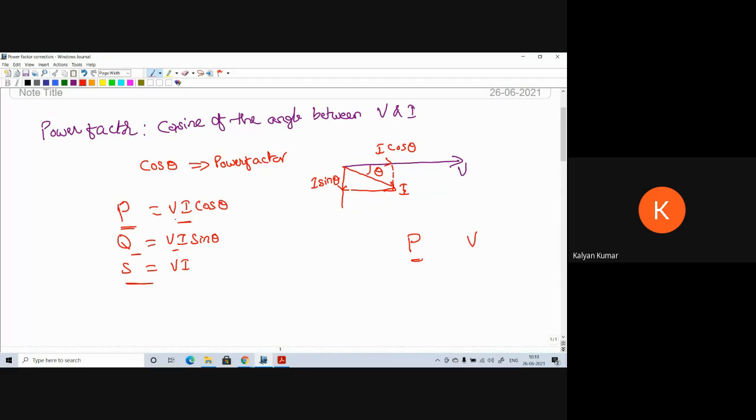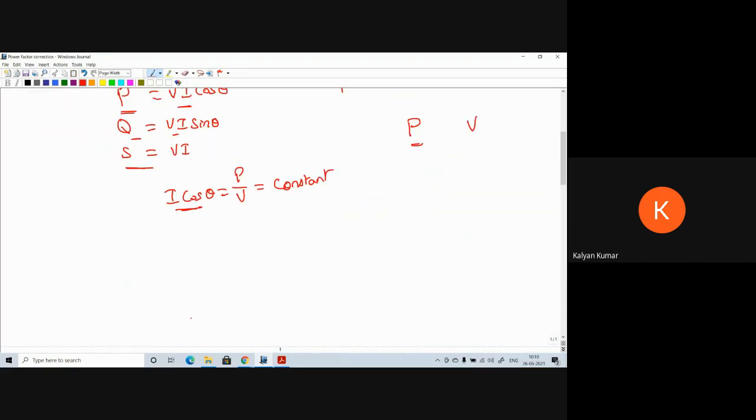Then from this relation, I cos theta equals P by V. As P is constant, depending upon the load, and V is constant, I cos theta will become constant. We have already discussed that in the V and inverted V curves. The product of I into cos theta needs to be constant.